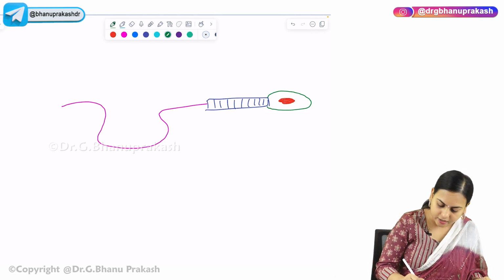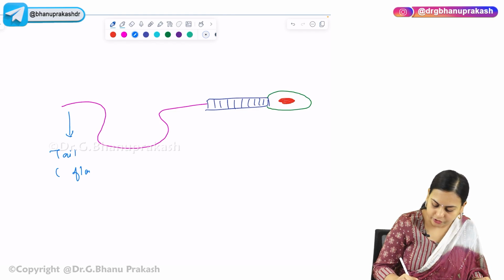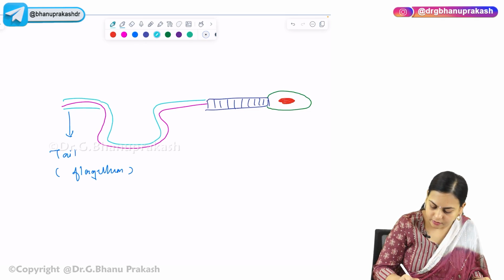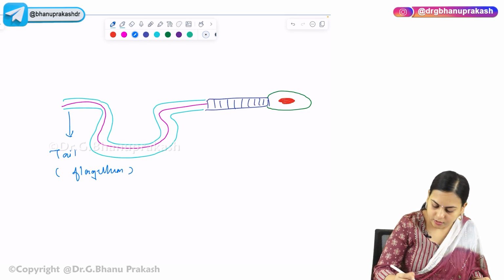If we see the structures, we have the tail or the flagellum. Surrounding this, you will even have a plasma membrane, like this.